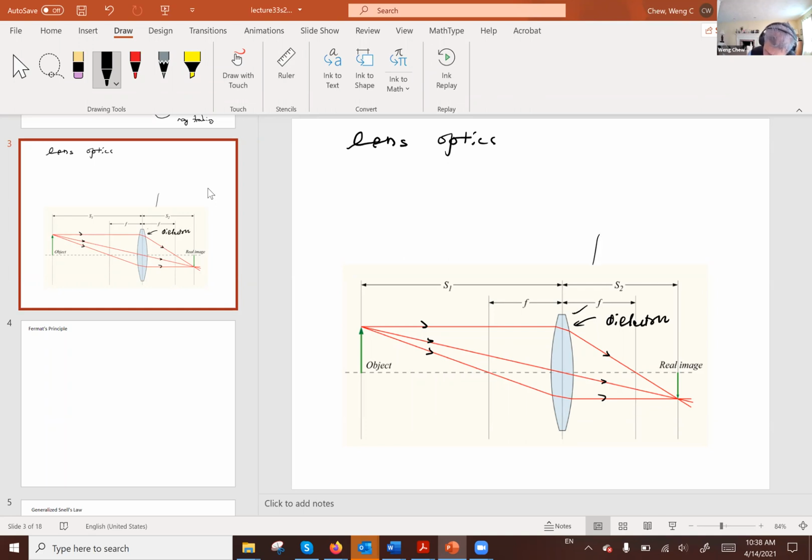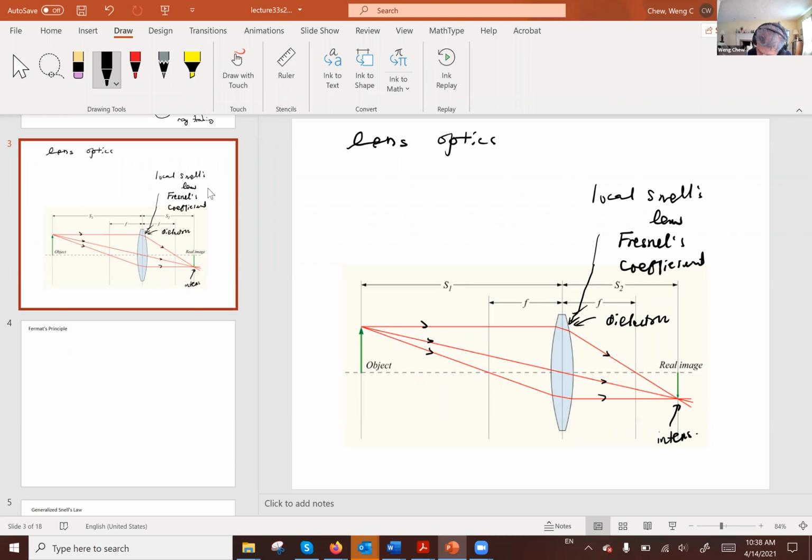And you can apply local Snell's law, and you can even use the Fresnel coefficient to estimate the amount of transmitted light. You can actually figure out the intensity of light here using the ray tracing technique. And this is done a lot in the movie industry, as I mentioned to you before.